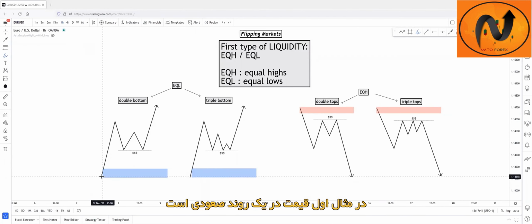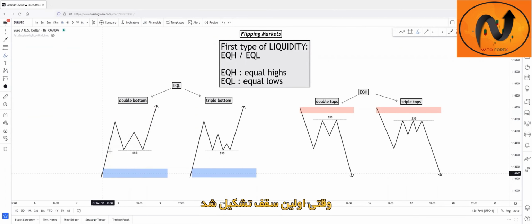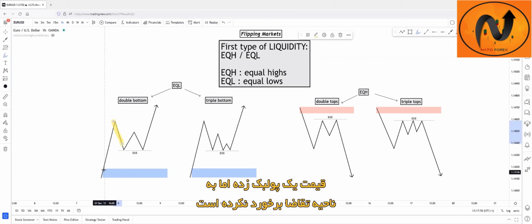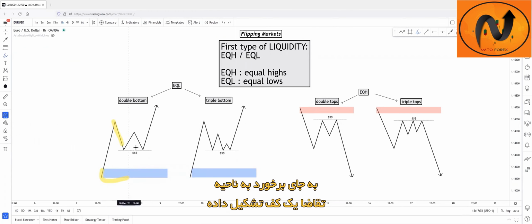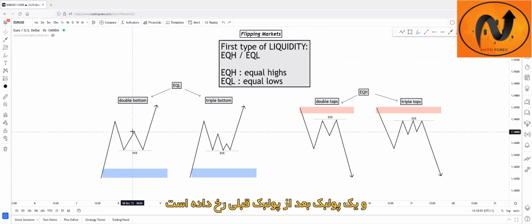In the first example, price is moving to the left, creating a series of higher highs and higher lows. After the first high has been created, price did a pullback, but didn't tap into a demand zone. Instead, it created a low. After the low has been created, it couldn't break above the last high, and it created another pullback.